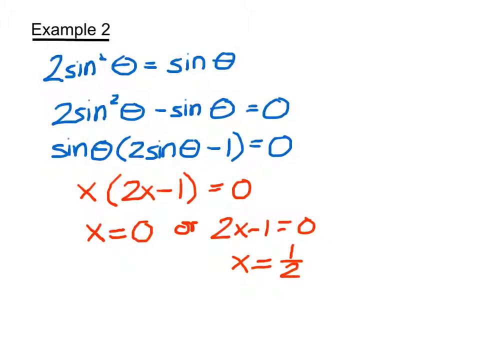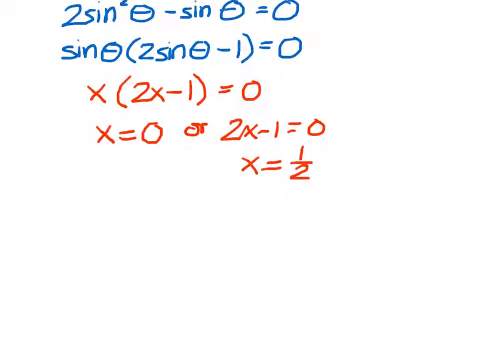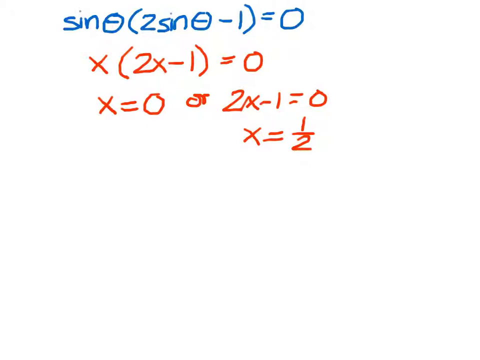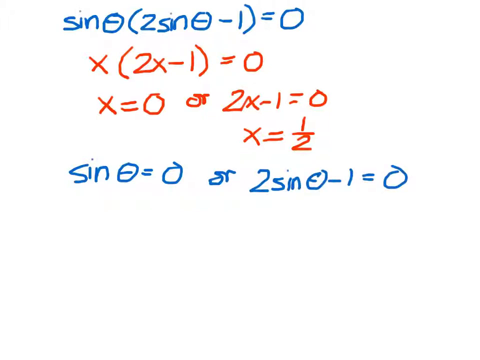Now, let's do that without the substitution. Let's do that with the signs still in there. So we're going to have sine theta equals 0, or 2 sine theta minus 1 equals 0.